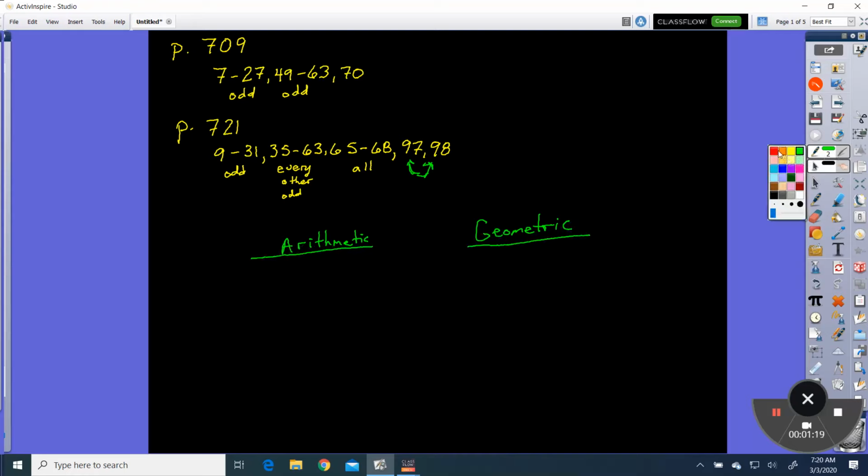So you've seen them, you just didn't know what they were called. So arithmetic sounds like add, right? Arithmetic, you add or subtract by the same amount each time.